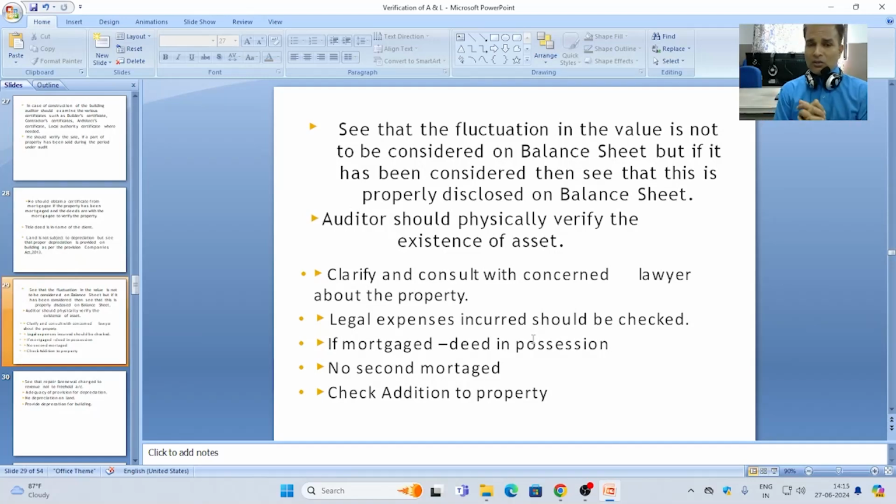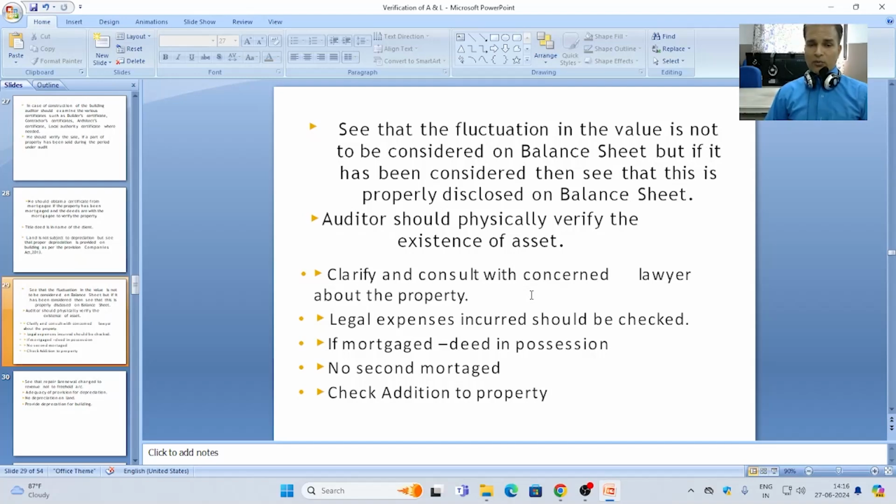The auditor should see that fluctuation in value is not considered on the balance sheet, but if it has been considered, then see that this is properly disclosed on the balance sheet. The auditor should physically verify the existence of assets. Yes, this is within the ambit of an auditor, that he can go for physical verification of any type of assets.